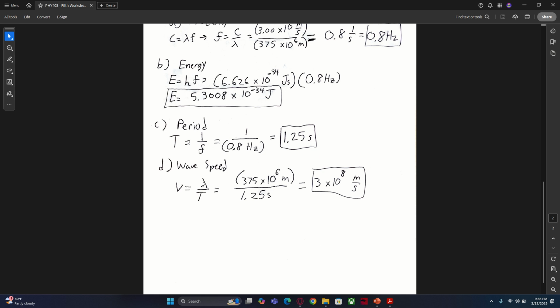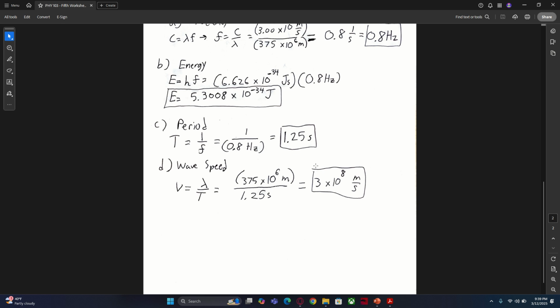And if we do this, wave speed equaling the wavelength divided by the period, the wavelength was given to us as 375 times 10 to the 6th power in meters. And we're going to divide that by the period, 1.25 seconds. And this comes out to 3 times 10 to the 8th meters per second.